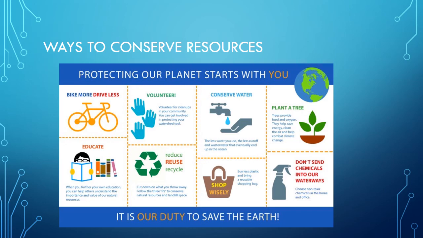We can develop our skills by which we can use the resources in a better way. We should practice the system of reduce, reuse and recycle. We should shop wisely. We should not use plastic. Next, we should not use chemicals. These are the various ways to conserve our resources for our future use.